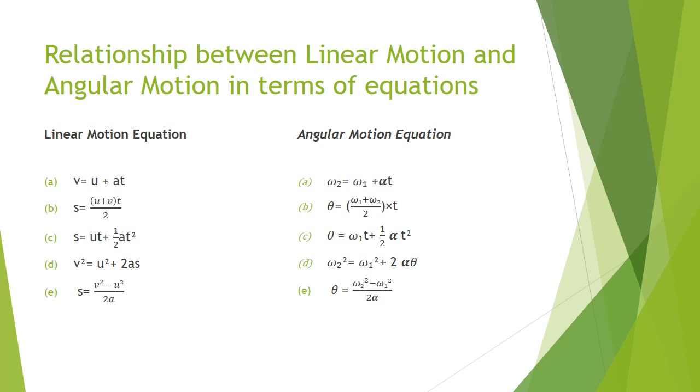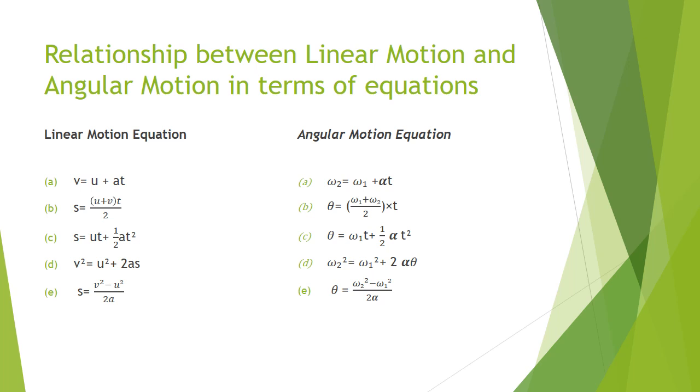And then C: on the linear motion we have displacement, which is s, is equal to initial velocity u times t plus half a t squared. And there we have theta, standing for angle turned through, is equal to omega 1, which is initial angular velocity, times t plus half alpha t squared, alpha standing for angular acceleration.